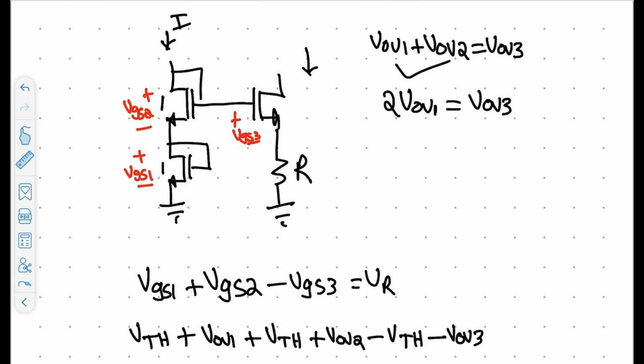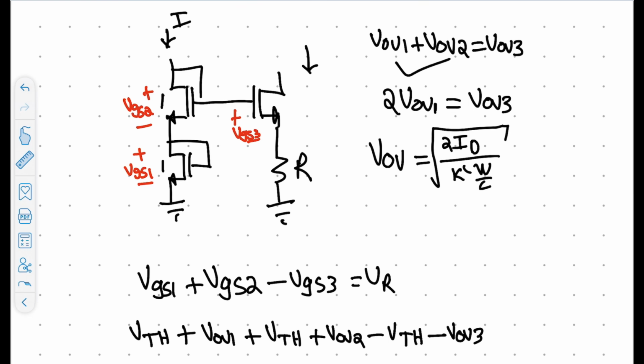And essentially what this tells us is if we look at the equation for overdrive, it's the square root of 2ID over K prime W over L. We need to bring a factor of 2 out of here, and in order to do that, the W over L needs to be a quarter, and that's how we size that output FET.